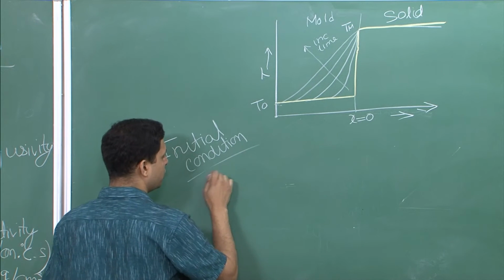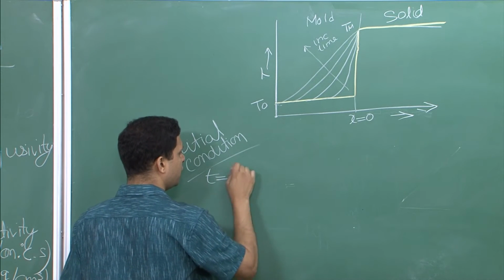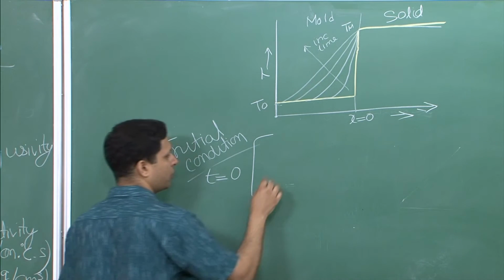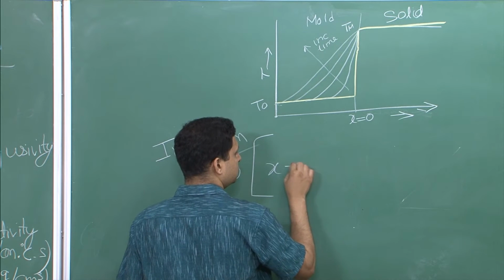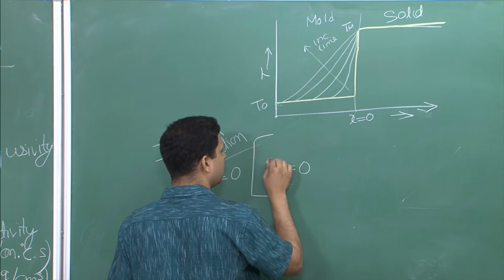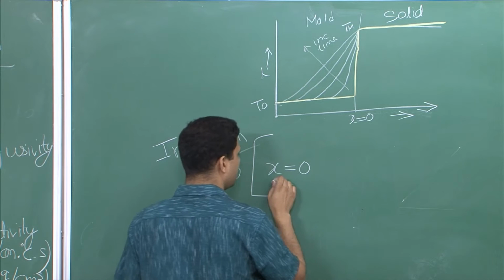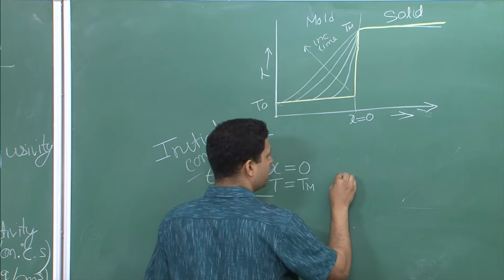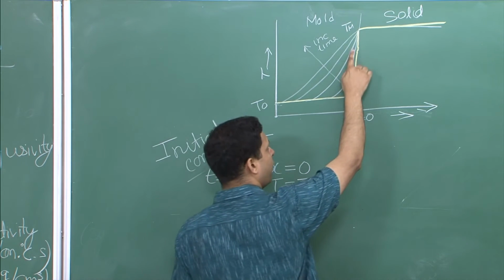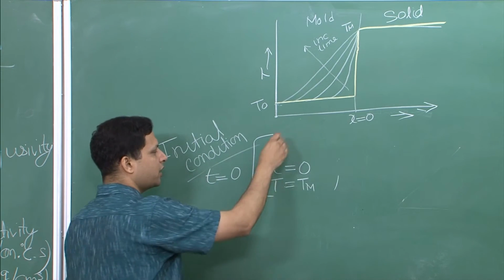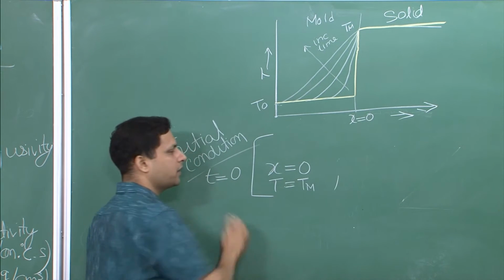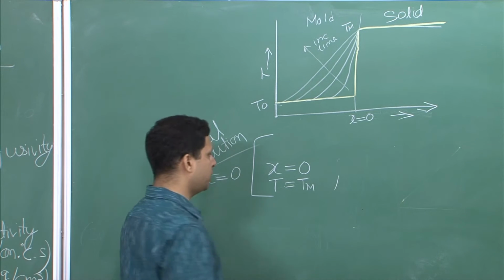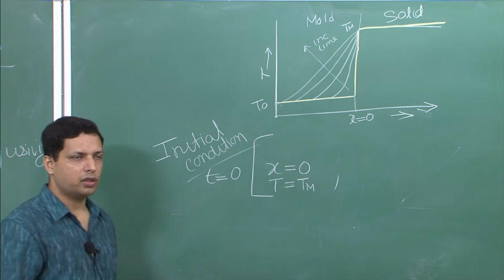So for t equal to 0, that is the initial condition, at x equal to 0, T is equal to Tm. As you will see, since we are having temperature drop only in the mold, we are interested only in the x less than 0 part of the plot. We are not interested in the x greater than 0 part. So at x equal to 0 we have T equal to Tm.